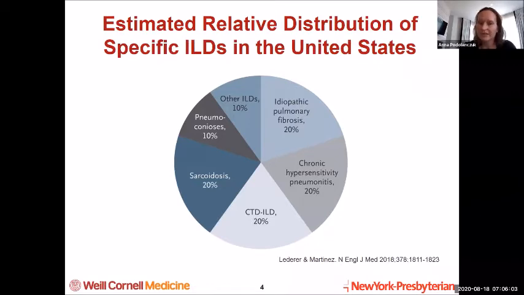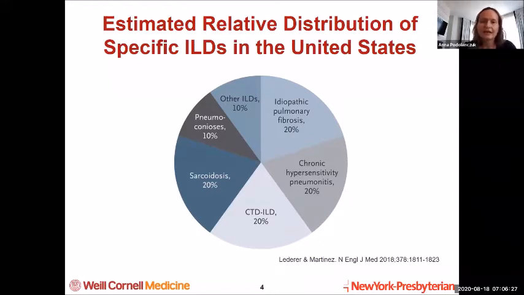Roughly 20% is chronic hypersensitivity pneumonitis. Another 20% might be patients with connective tissue disease related interstitial lung disease. Sarcoidosis might represent another 20%. Pneumoconiosis might represent 10%, and then another 10% might be a whole host, like dozens of other interstitial lung diseases.